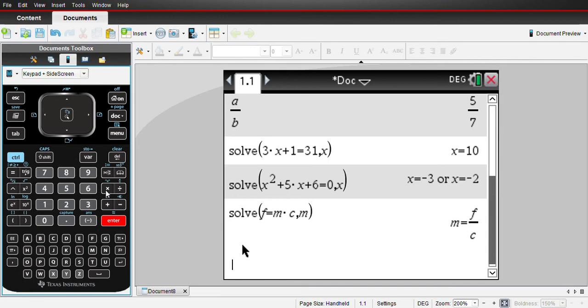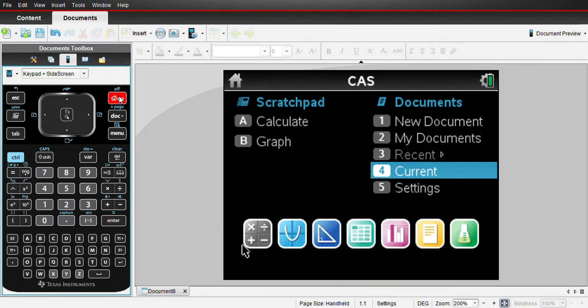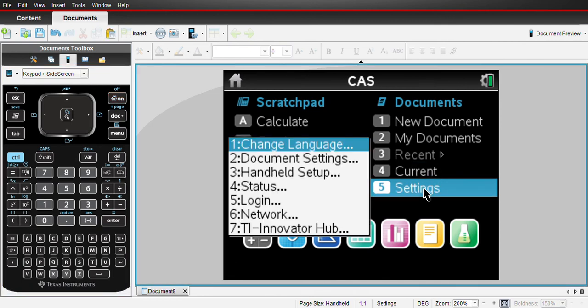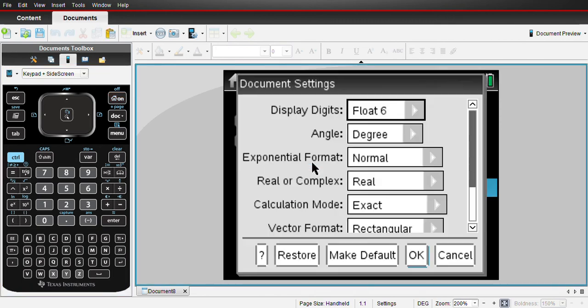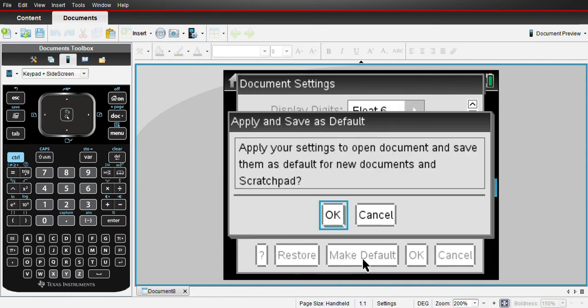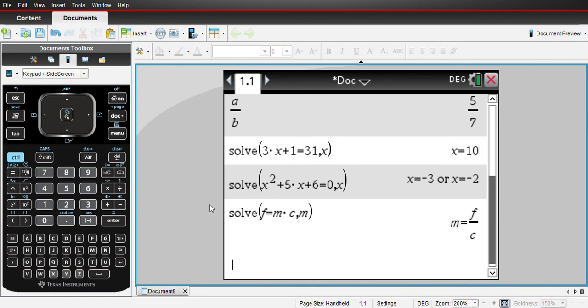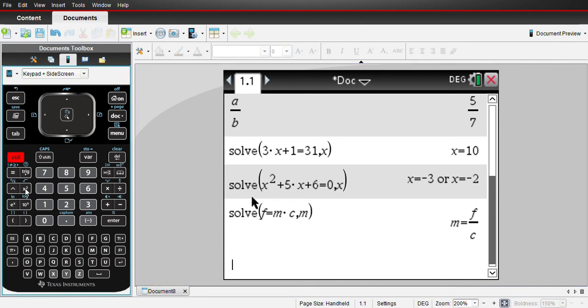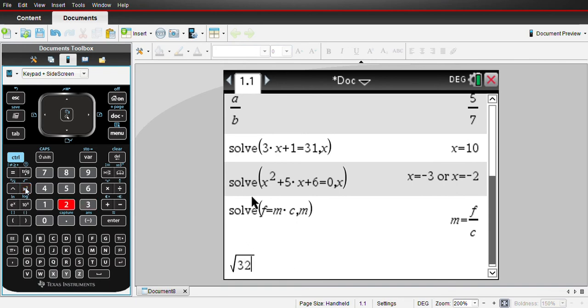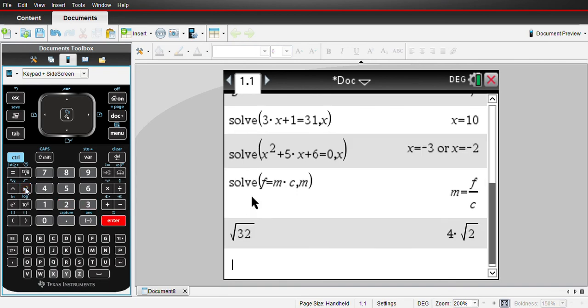One of the other benefits, because at the moment, just checking, home, settings, we're currently in exact mode, so if I just now carry out some surd work, so if I go, hey, what's the square root of 32, it will simplify the surd for me.